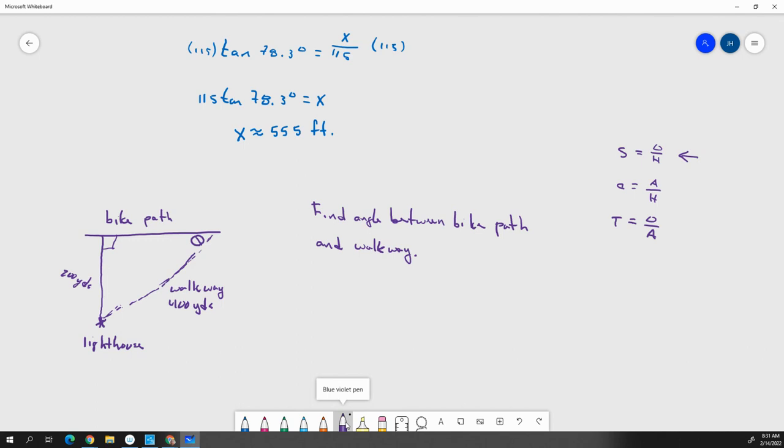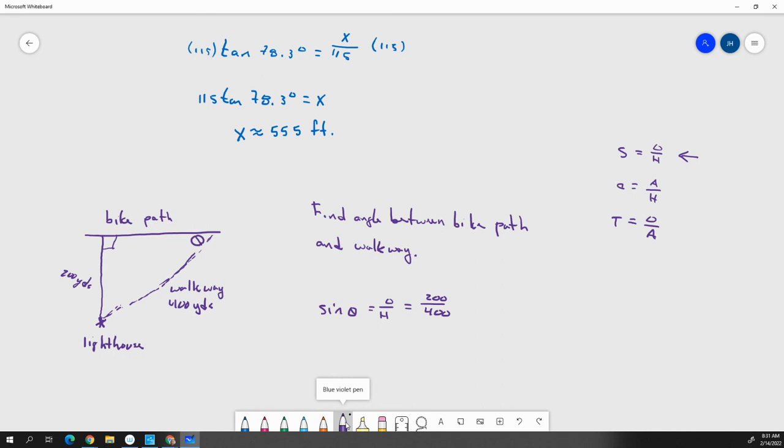The two pieces we know are the opposite and the hypotenuse. So I'm definitely going to use the one that has opposite and hypotenuse. What do we not know? We don't know the theta. We know that sine of theta equals the opposite over the hypotenuse, and the opposite and the hypotenuse are 200 over 400.